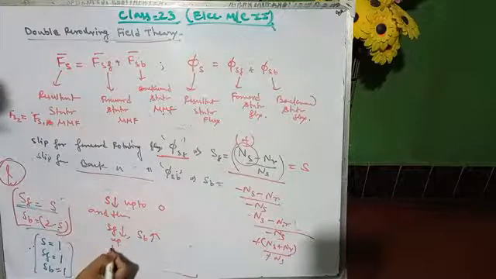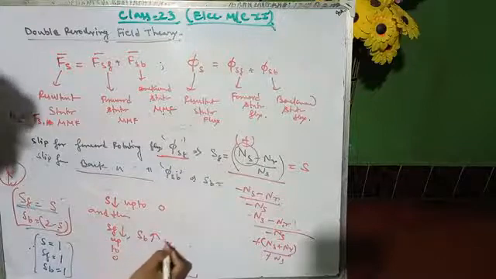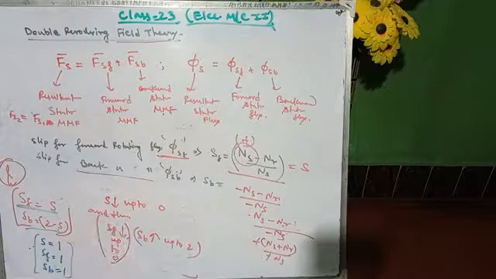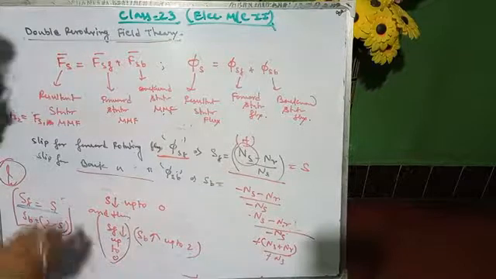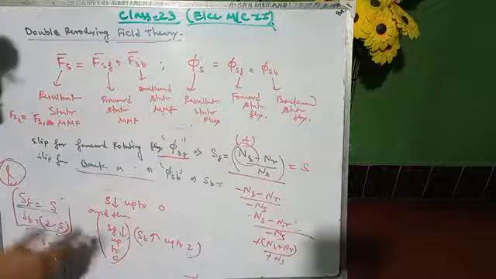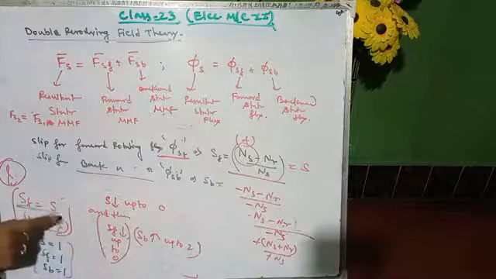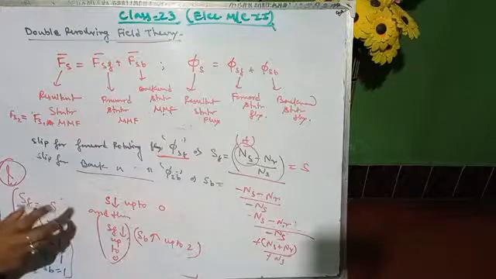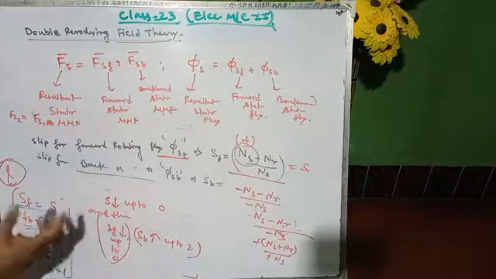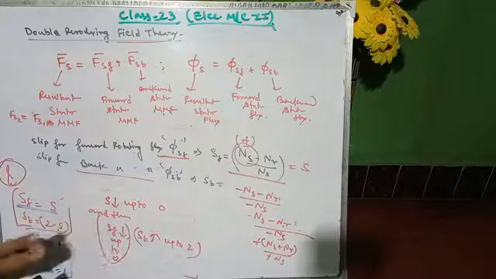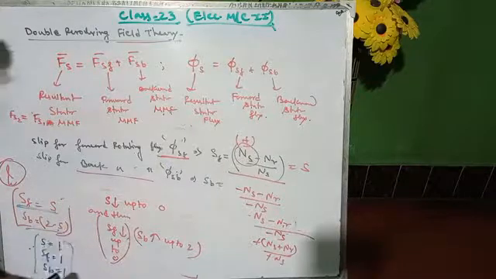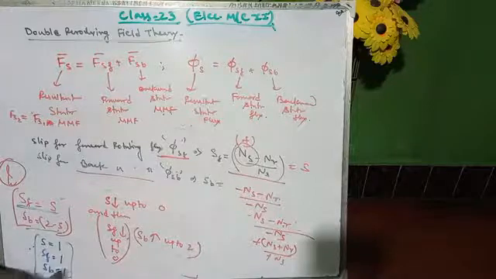So sf gradually decreases up to 0 and sb gradually increases up to 2. So that means when the speed rises, then the forward field will be stronger, and the backward field will be gradually decreasing its strength.